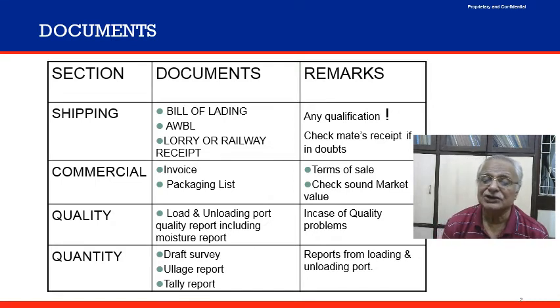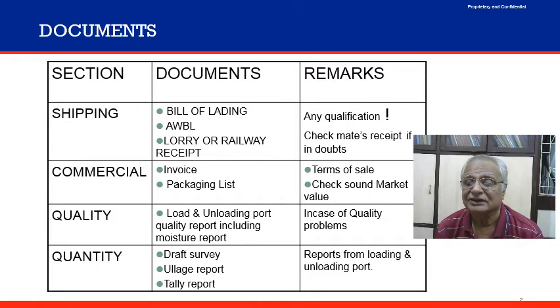So what are the things you are going to check in the invoice? You would like to know the terms of sale, because the terms of sale give you an indication of where the title of goods will change and when the insurable interest will attach. If at the time of settlement of a claim in India the invoice indicates CIF, that means there are also foreign underwriters.